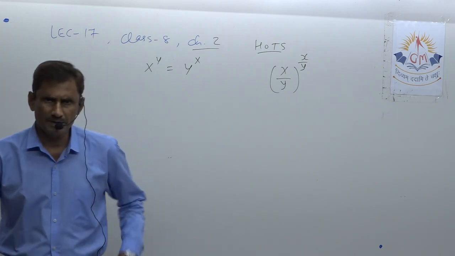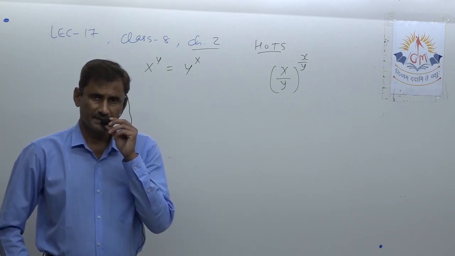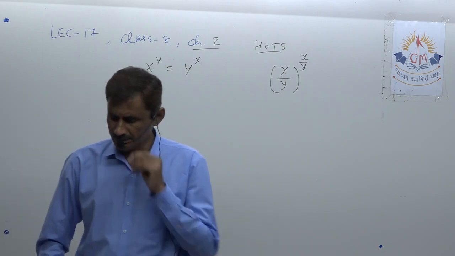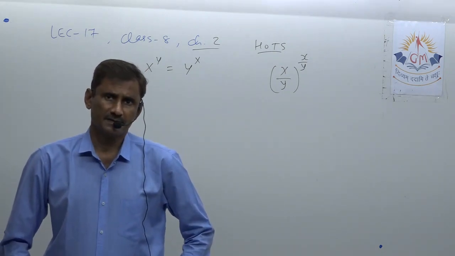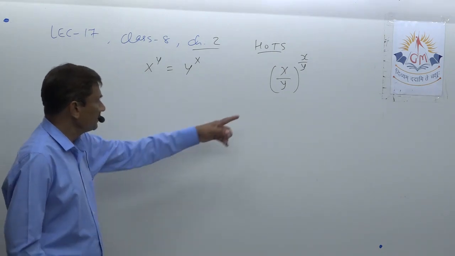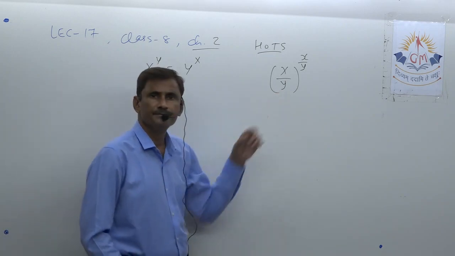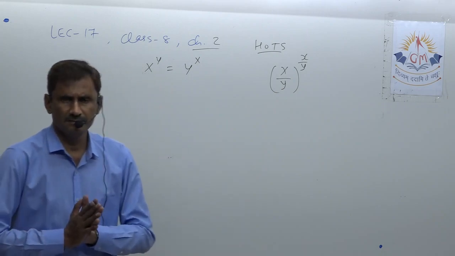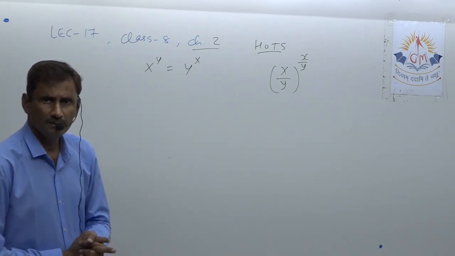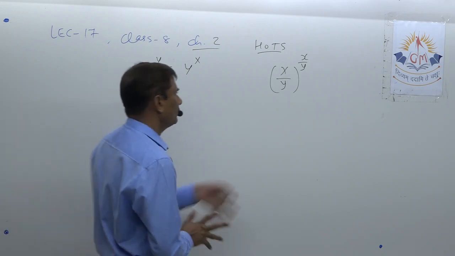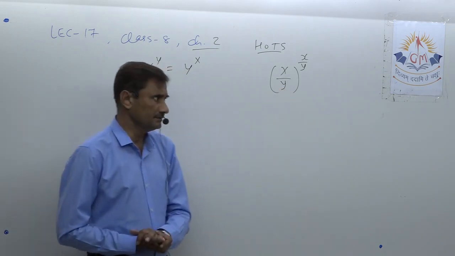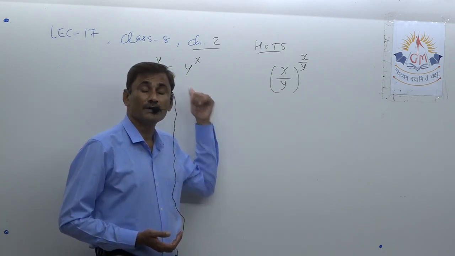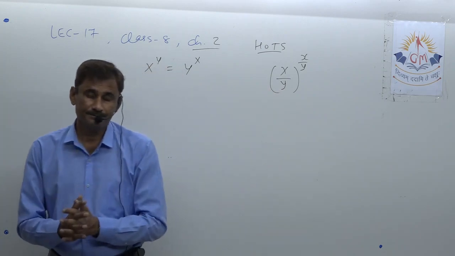So powers of x means what? Base should be x only. Powers of x means base should be x. So in the base we have to remove y. So what to do here? Try to understand well. First of all, if you want to remove any variable from any expression, then you have to subject it from whatever relation is given between them.